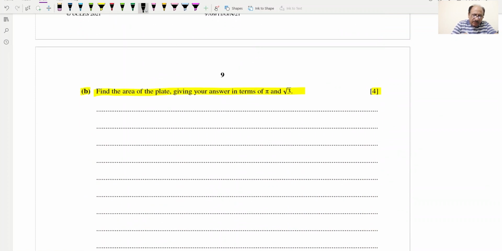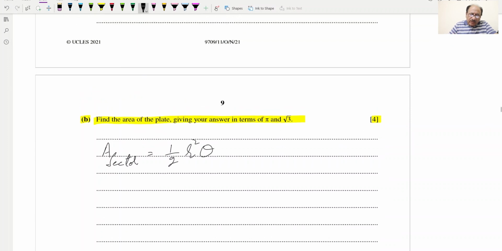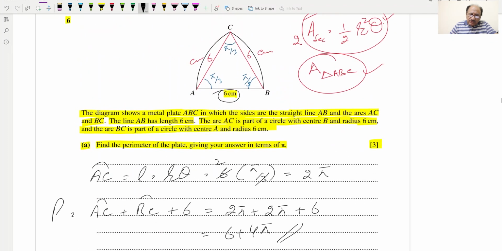So area of sector is equal to 1 by 2 r squared theta, and we can mention ABC sector.